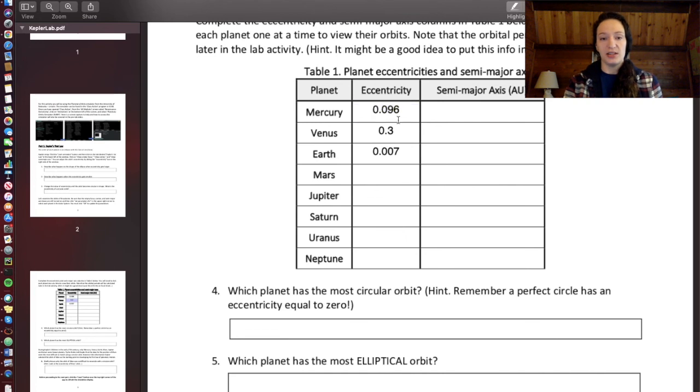For 0.096, you would say that this is 96/100ths of 1. So this would be smaller than 0.3 because 1/100th is smaller than 1/10. And then if you look at the value I have written down for Earth, 0.007, this would be your smallest number because you have 2 zeros between the decimal and the first number greater than 0.